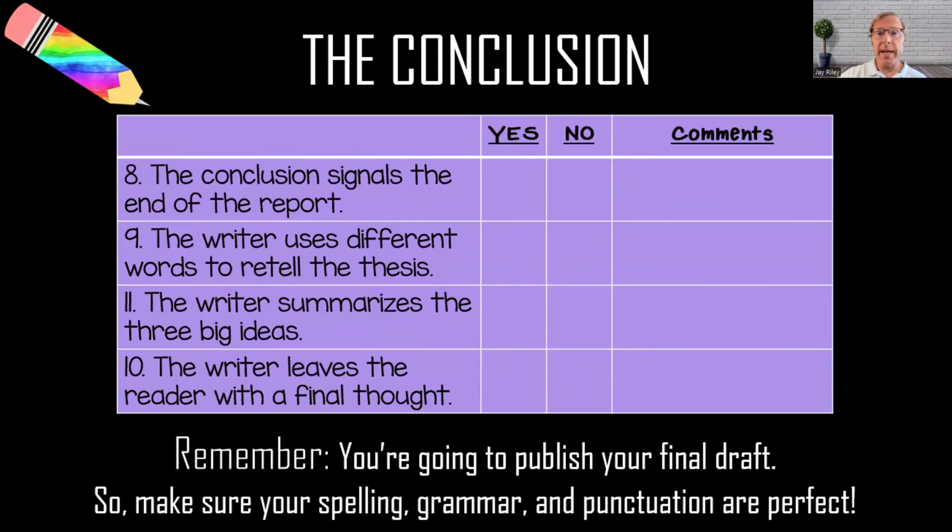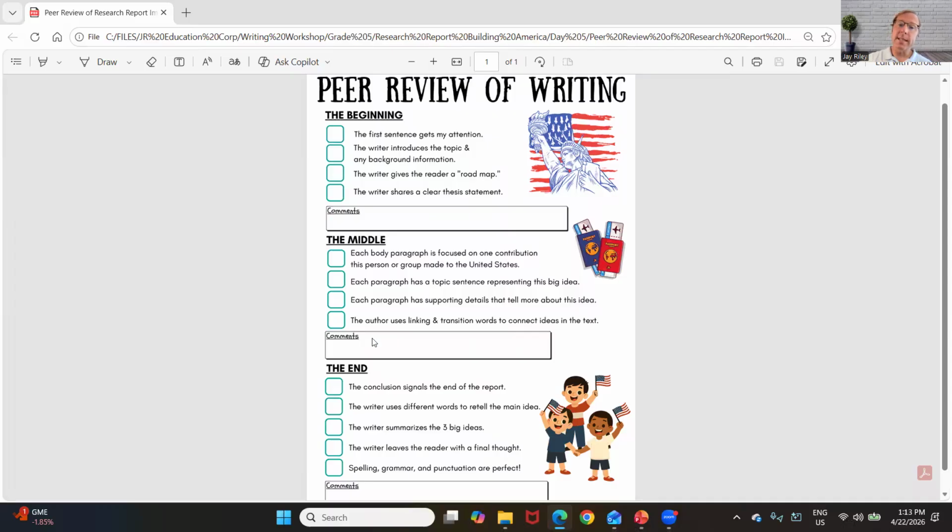Now, the cool thing about going through this with the students here is that when I go back and I go to this is what the students are going to get. And what's written here on this checklist is exactly what's written on the PPT. So if you work through this with your students with a mentor text, the students are going to get some indication because you've modeled for them what the peer review process looks like.